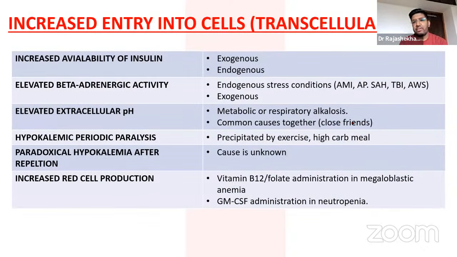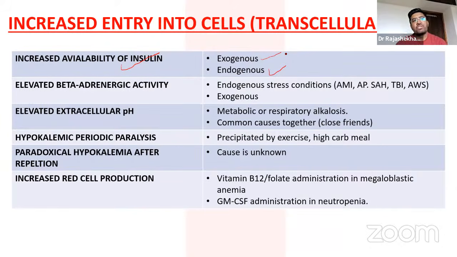And increased entry into the cell, that is the transcellular shift, is a very, very important mechanism. The first and foremost thing is the increased availability of insulin in the body. This can occur either with exogenous administration of insulin or endogenous increased production of insulin.